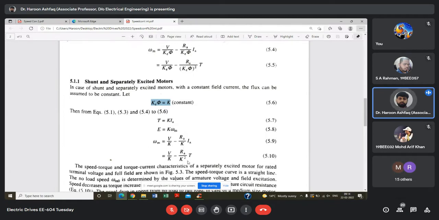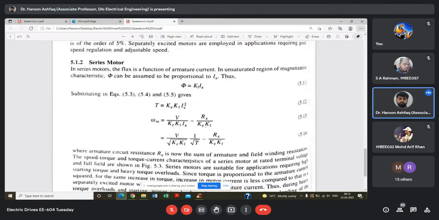So you have omega-I and omega-T characteristics. Again, for the series machines, you had omega and I inverse characteristics, and omega and T inverse square characteristics.